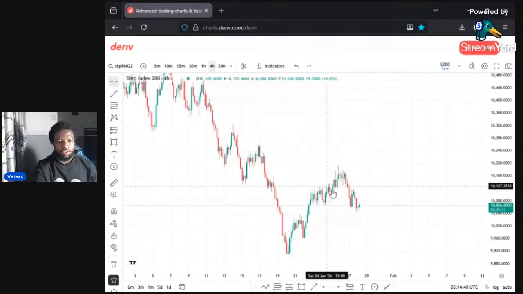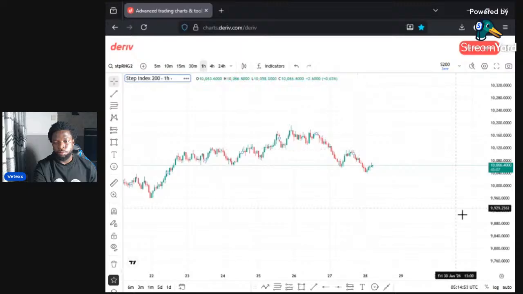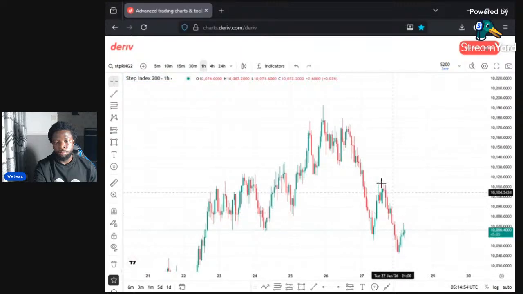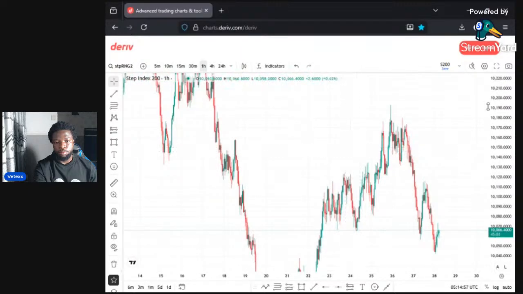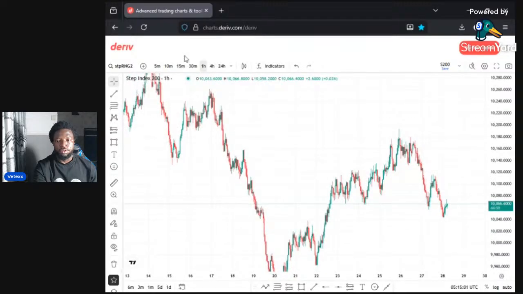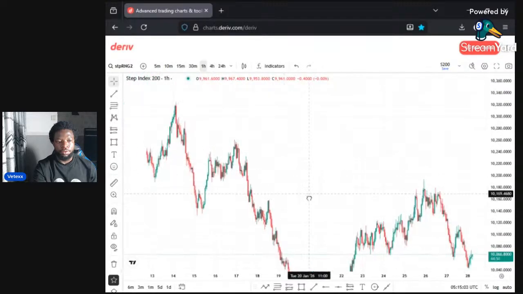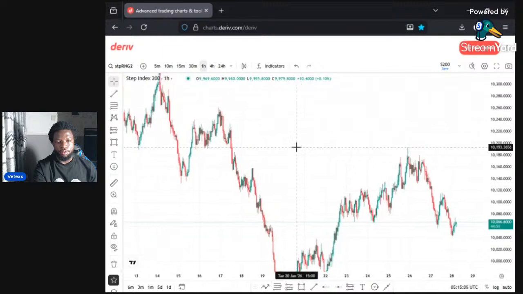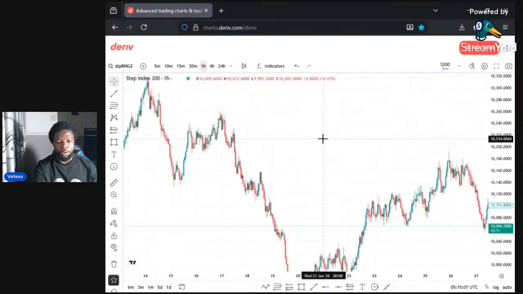So we can't really see anything on the 4 hour. Let's go to the 1 hour time frame. On the 1 hour time frame, we have a sell continuation that is forming, which is this.